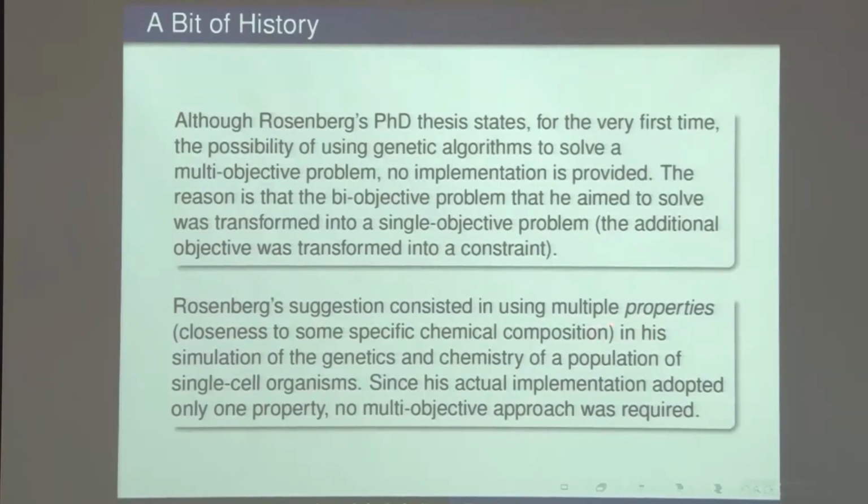In his problem, these properties, which were closeness to some specific chemical composition, were the objectives. But since he didn't actually develop a multi-objective technique, he missed his chance. He is not the pioneer. He is not the inventor of the first multi-objective evolutionary algorithm.